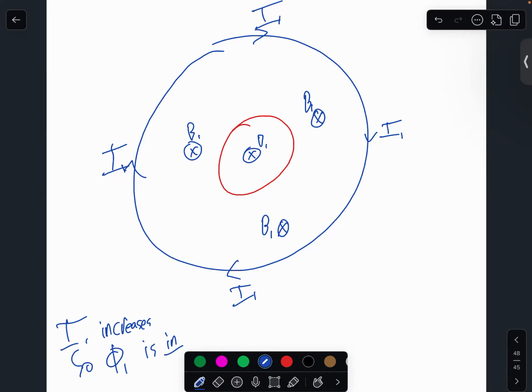Almost everyone. Good. Don't tell me what the original is doing. Tell me how to oppose its change.